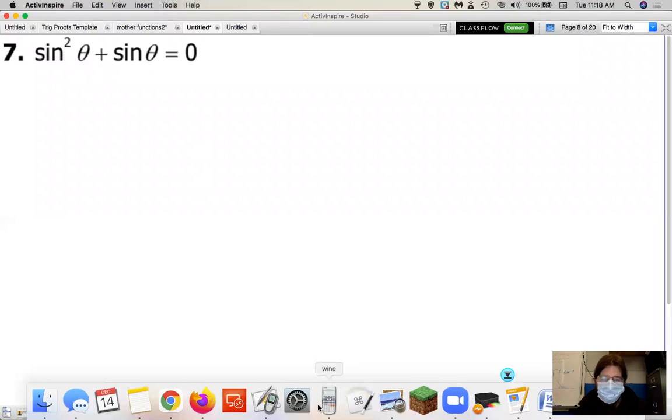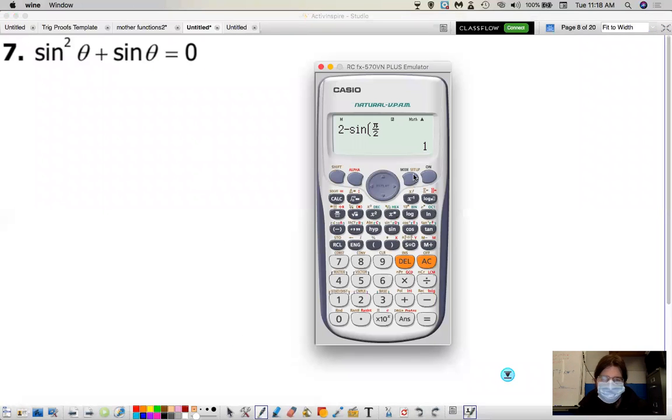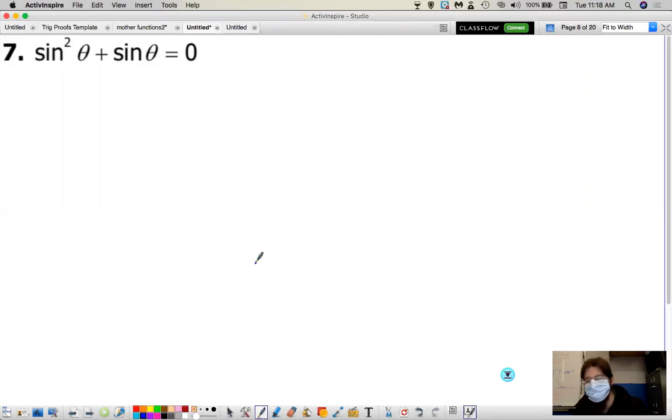So we can use mode 5-3. 1, 1, and 0 for my constant. Let me run that again. -1 and 0. And that's what we should get for what sine of theta equals. I'll go ahead and factor it out so you can see how to do it that way, because we will need to factor out later anyway.